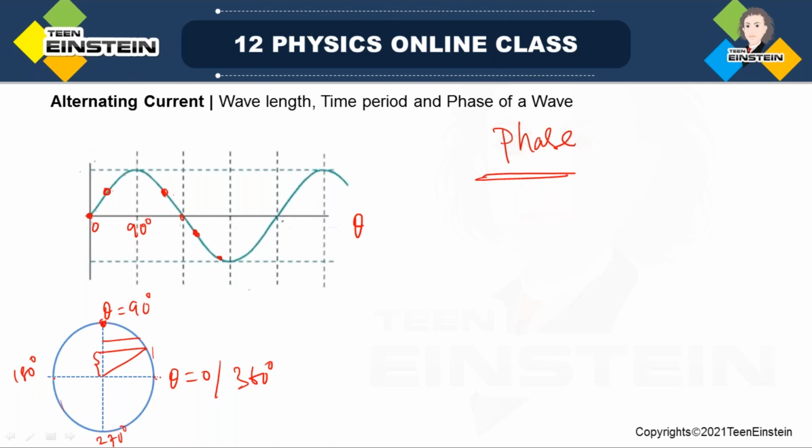At 180 degrees, again it has a 0 value, because the projection of this vector will be 0 over here. At 270 degrees, this is a negative value. If I take this as +1, positive value, this is a negative value for a sine curve with one amplitude. Now you go back to here, theta is equal to 360 degrees, again it has a 0 value.